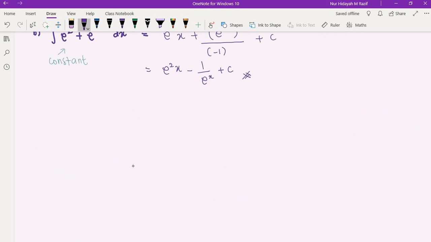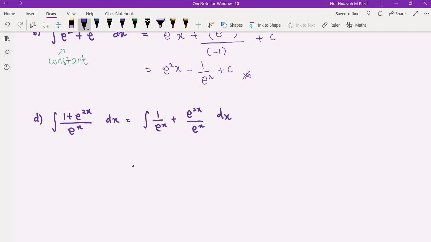Now let's take a look at question d. How do we simplify question d before we integrate? You need to integrate 1 plus e power of 2x over e power of x dx. If you want to integrate this, you need to separate it. So you will have the integral of 1 over e power of x plus e power of 2x over e power of x dx.